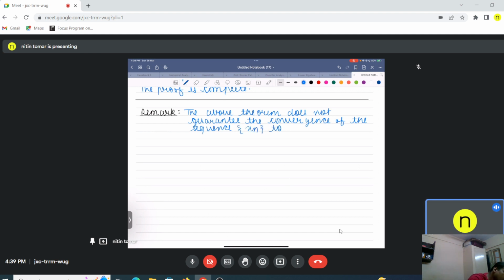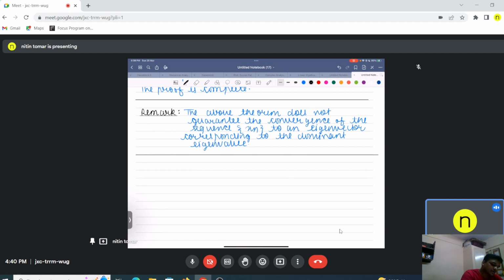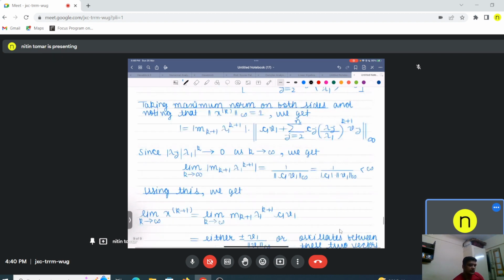So it does not guarantee the convergence of the sequence itself to an eigenvector corresponding to the dominant eigenvalue, but rather a subsequence.